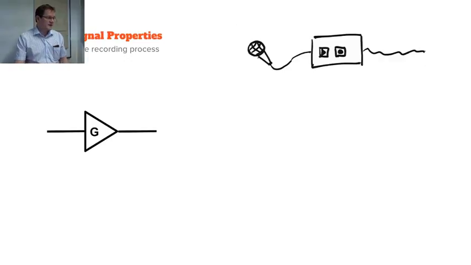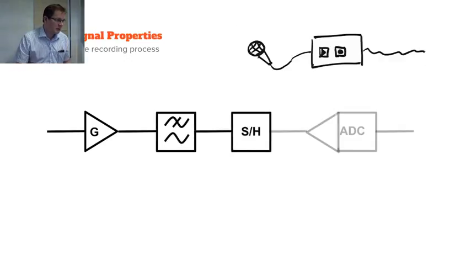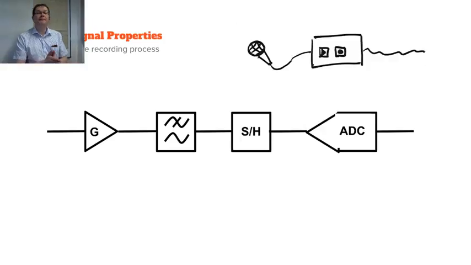Simply, we need some hardware. We need signal conditioning, which is the first part there, the gain and analog low pass filter. You always need some sort of analog low pass filtering before the A to D conversion.